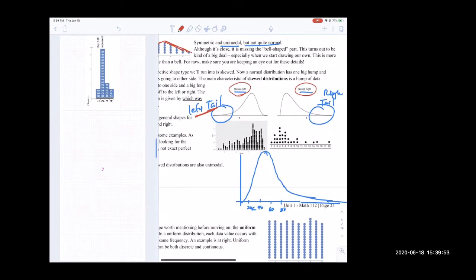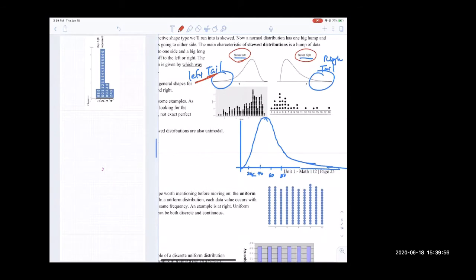One common example that we use in statistics is income distribution. And this is a hot topic nowadays, right? There's a huge demonstration going on regarding race and unequal income distribution.